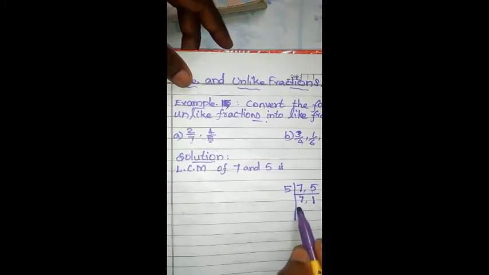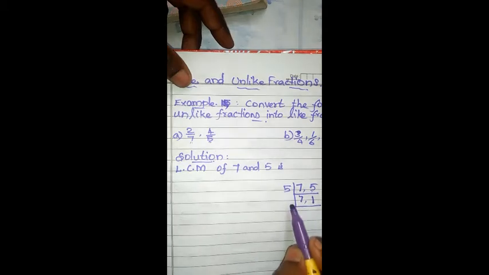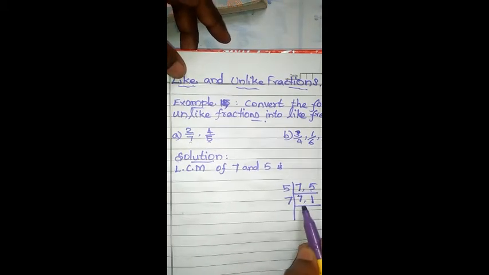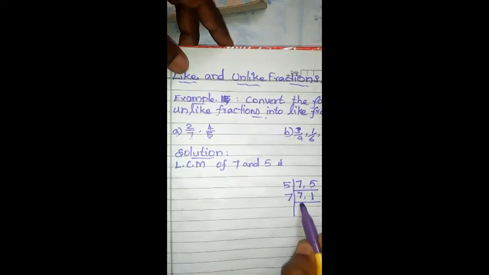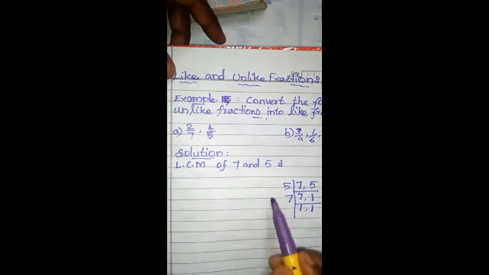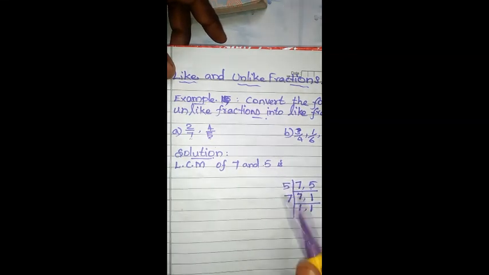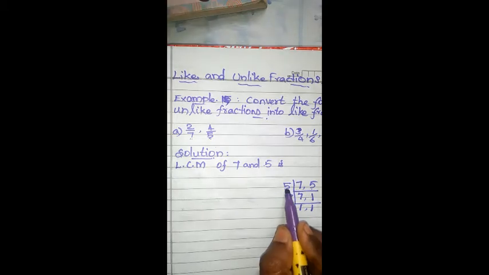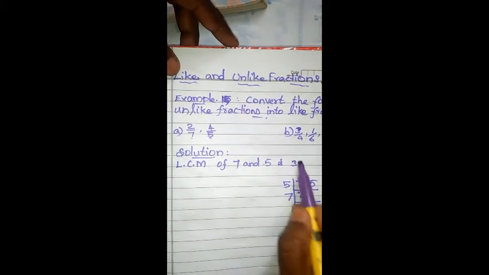1 5 is 5. Then divide again. Here we have 7 and 1. So divide by 7: 1 7 is 7 and this same 1 we write. Okay. So now the LCM of 7 and 5 is, you multiply 5 into 7. 5 7s are 35.